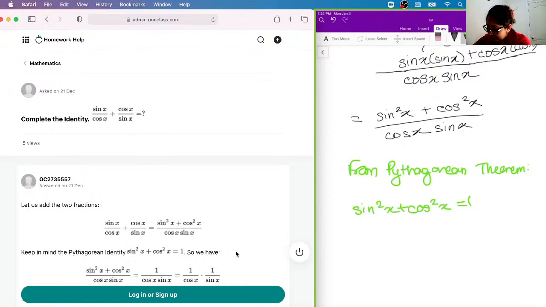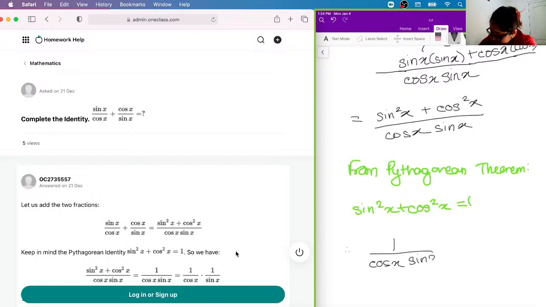So we can apply this to our fraction here, and we basically have 1 over cos x sine x.